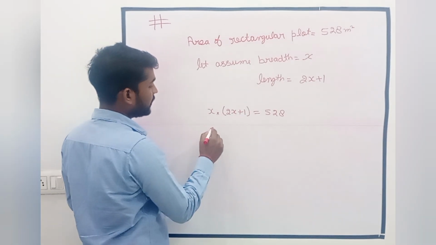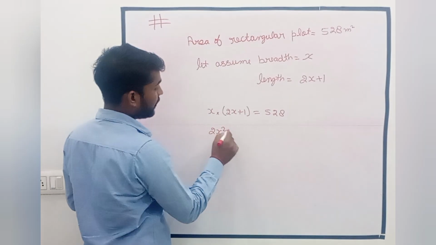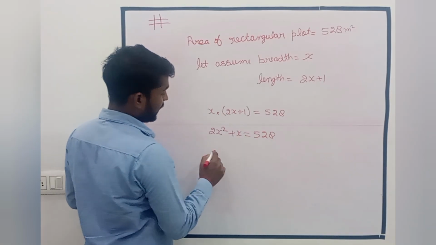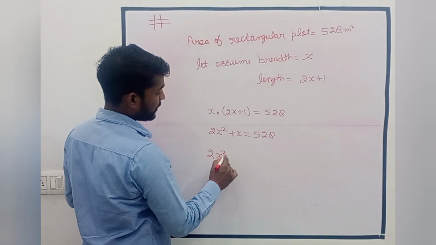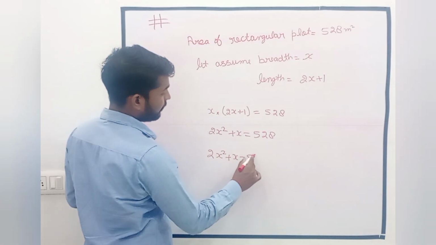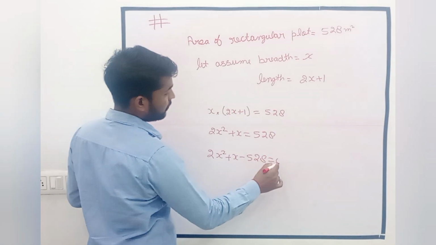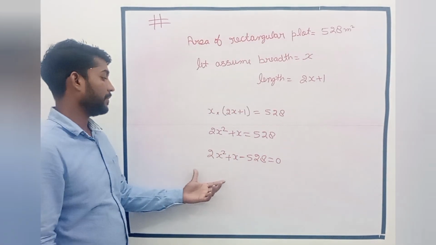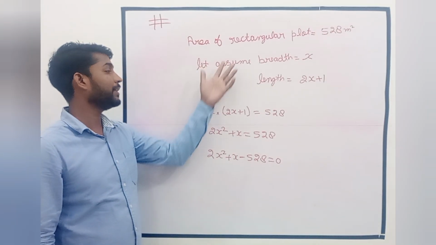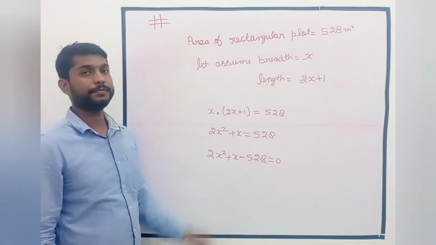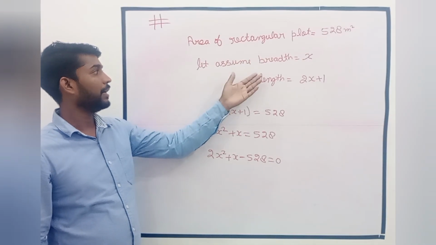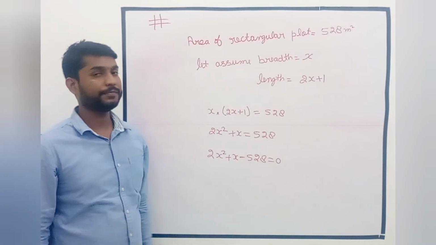And this x multiplies with both of the terms, and this will become 2x square plus x equal to 528, and now this will become 2x square plus x minus 528, and this is a quadratic equation formed by this concept. And the area of the rectangular plot is this, and this is breadth, and this is length.